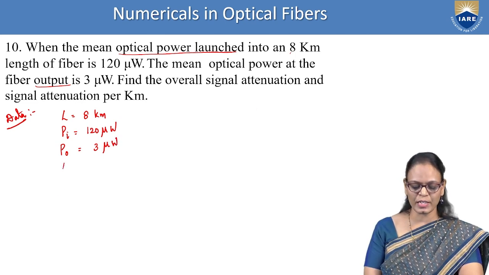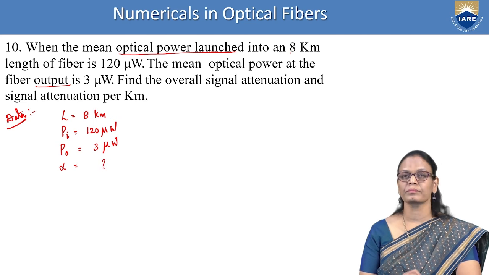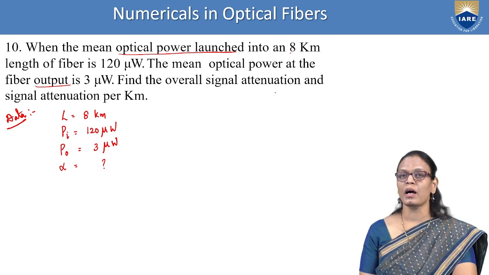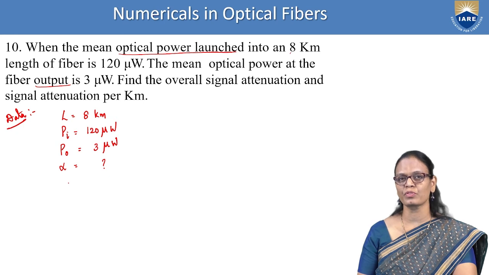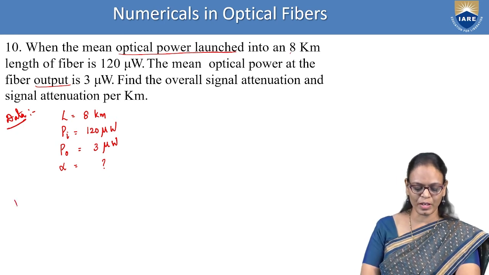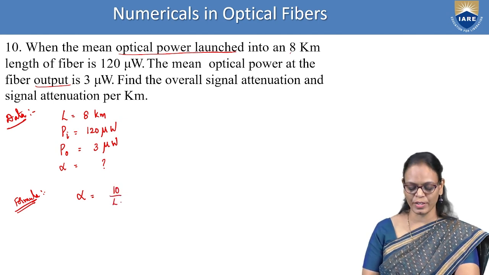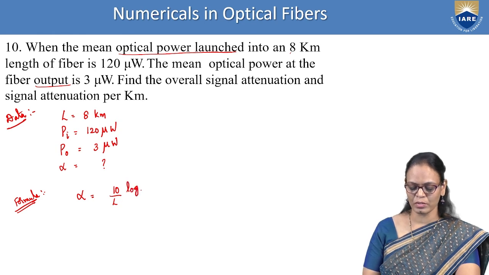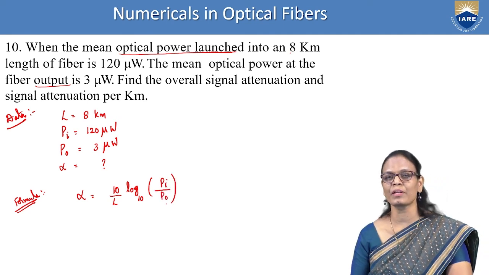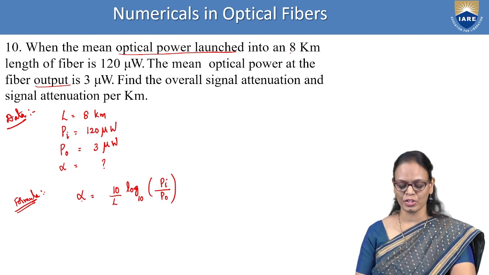What we have to find is alpha, that is the attenuation coefficient alpha. So what is the formula we are going to use here? For alpha, alpha is equal to 10 by L per kilometer, log to the base 10 Pi upon P0. So this is the formula for finding the attenuation coefficient.